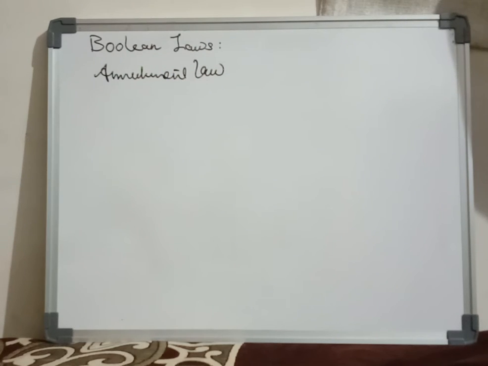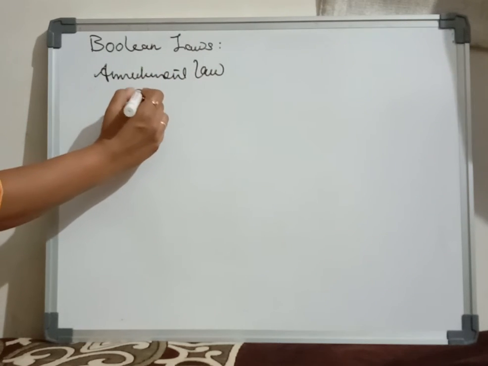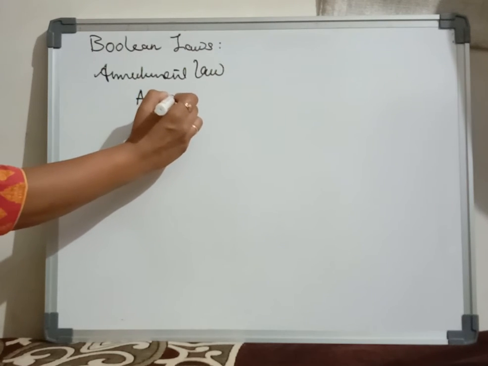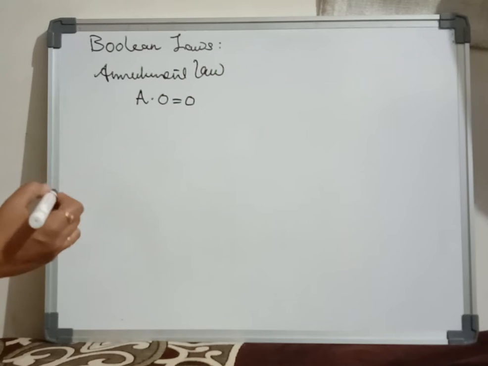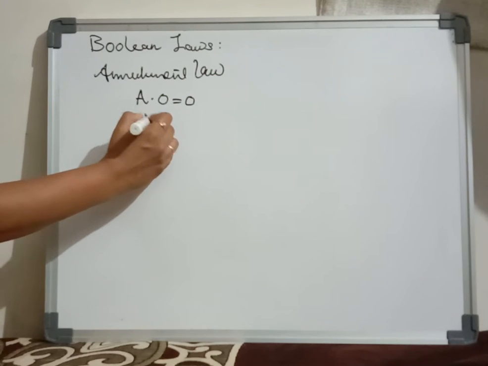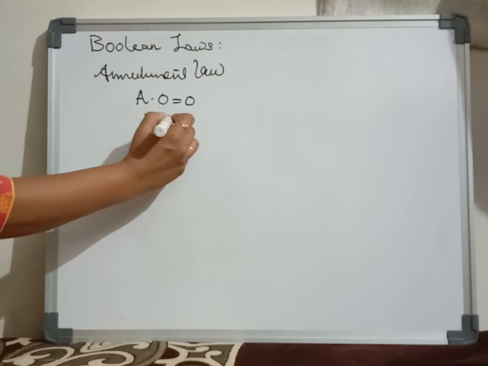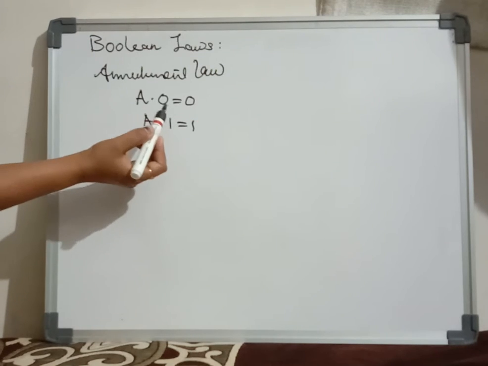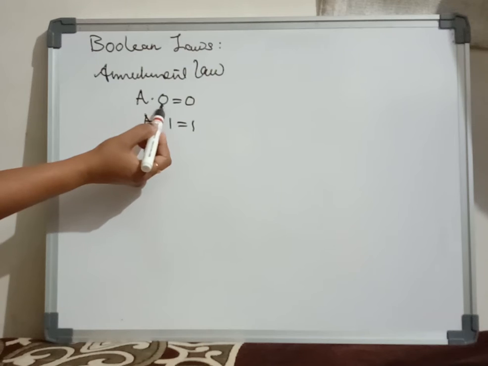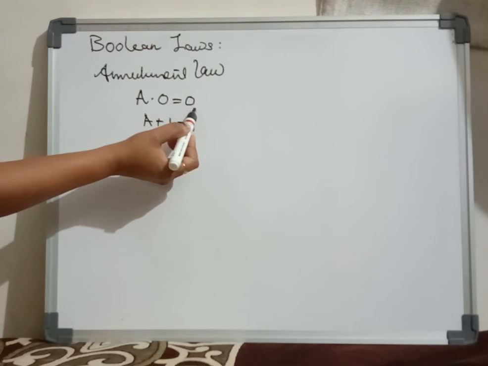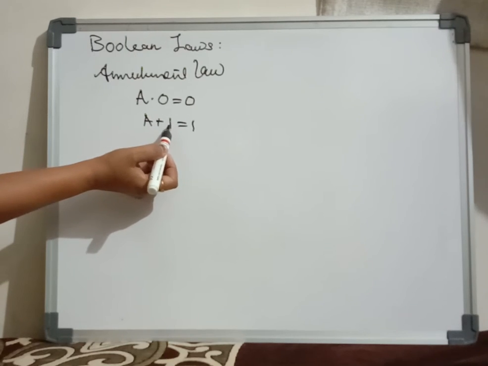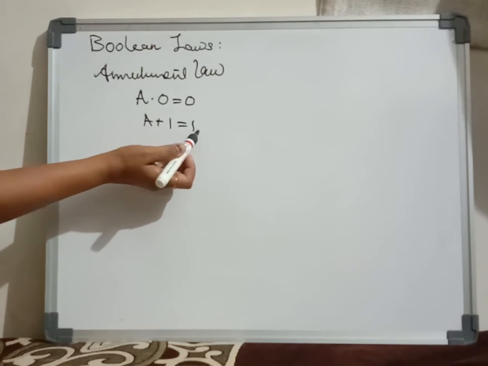In this law, we are going to see that A dot 0 will be 0 and A plus 1 will be 1. Means if we take the product of input with 0, the output will be 0, and if we add 1 to any of the inputs, the output will be 1.